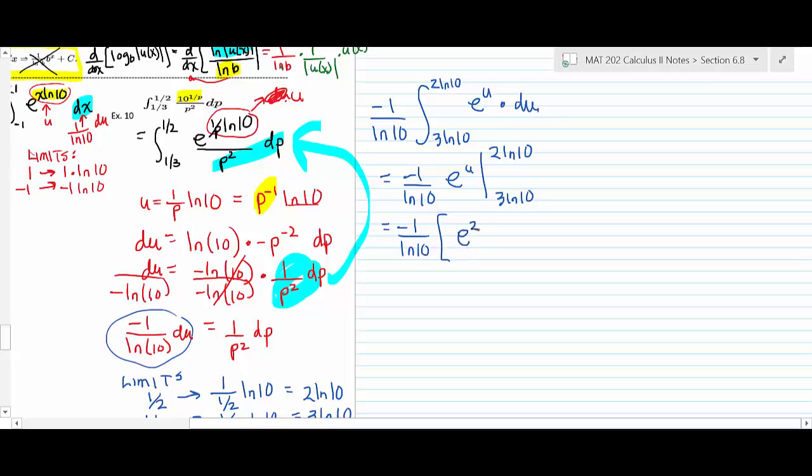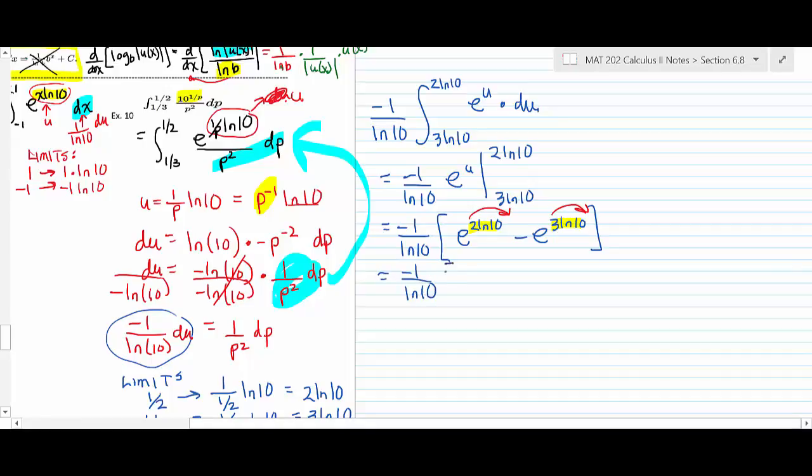That's going to be e to the 2 ln of 10 minus e to the 3 ln of 10 like that. Now, look at this part right here. Sometimes students forget this. How are you going to handle that? Bring the 2 up. Don't forget to do that. So bring that 2 up as an exponent. Bring the 3 up as an exponent like this. And you can do some of this in your head if you want to, as long as you know what you're doing.